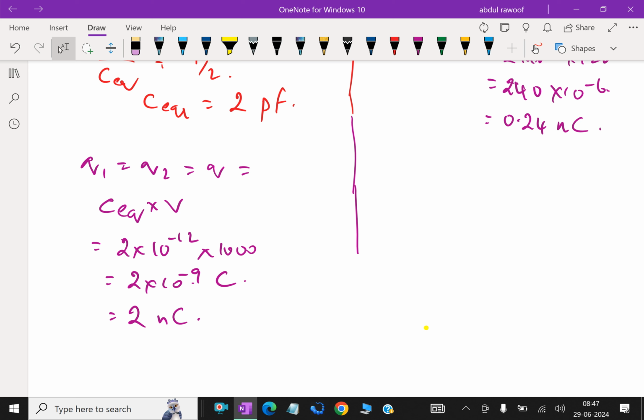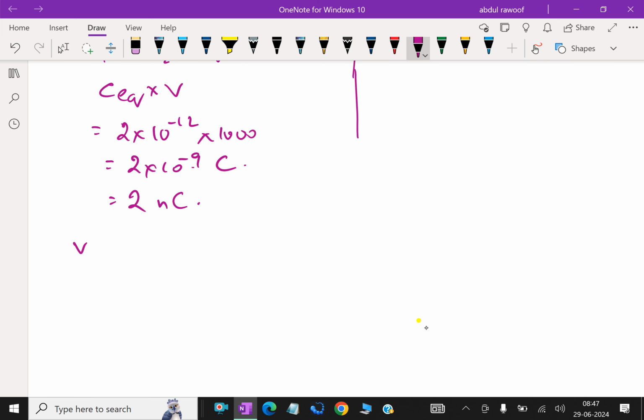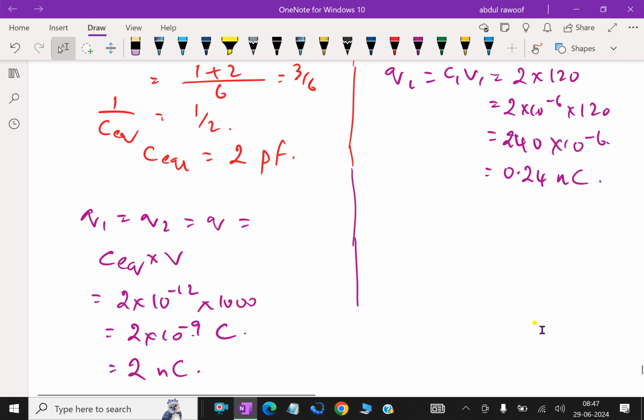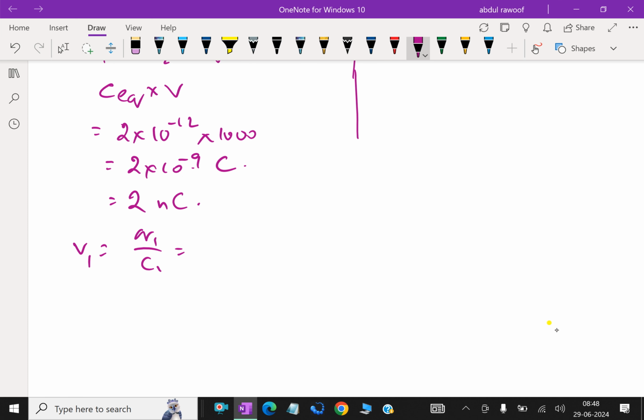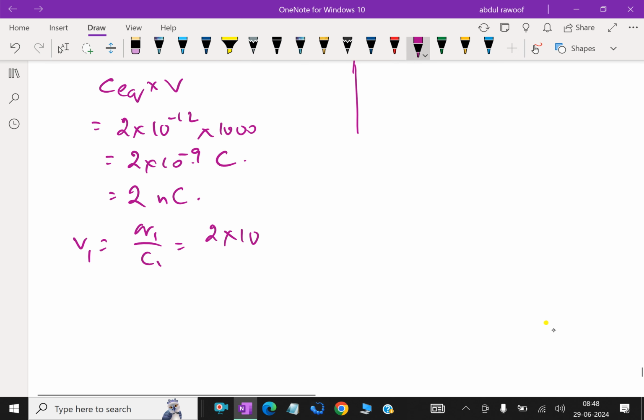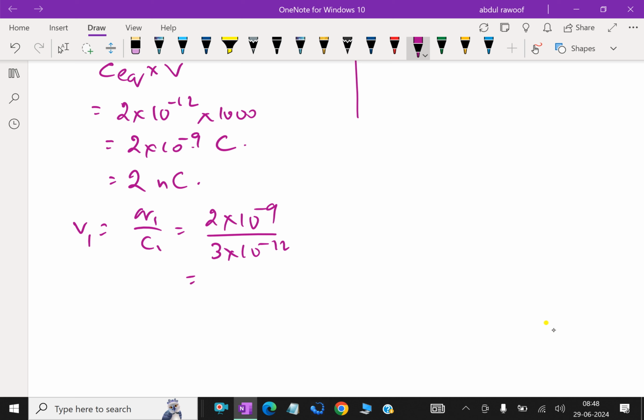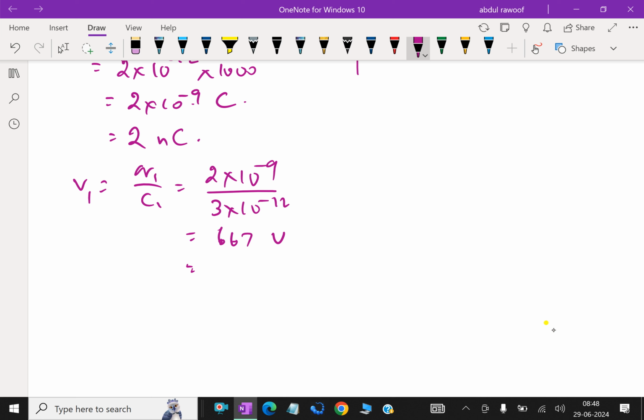Next, here in the series circuit, voltage V1 is Q1 by C1, which is equal to Q1, 2 into 10 power minus 9 coulomb, over C1, 3 into 10 power minus 12 farad, which gives 667 volt, which is further equal to 0.667 kilovolt.